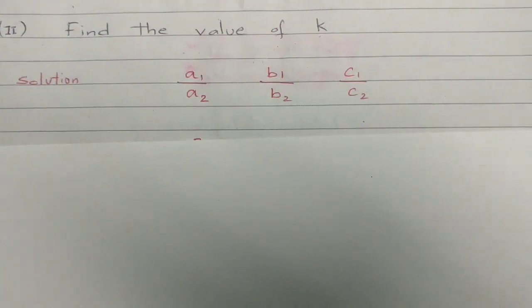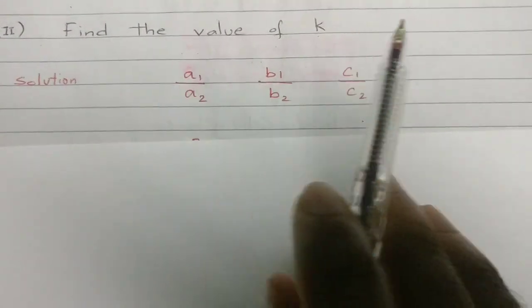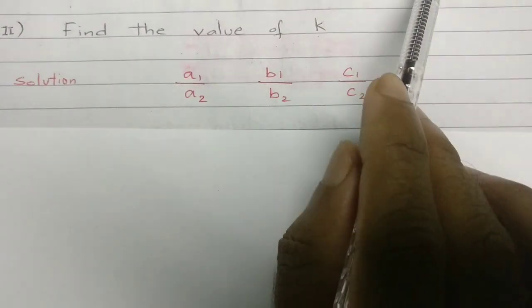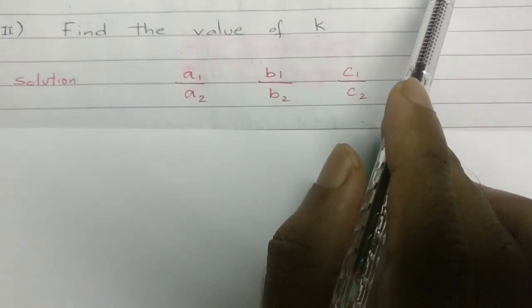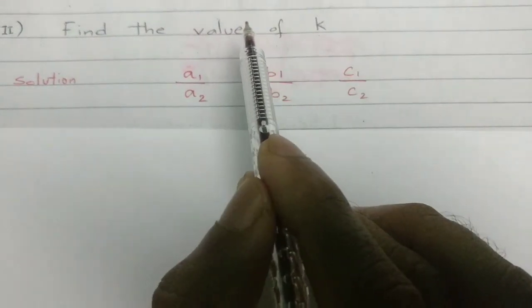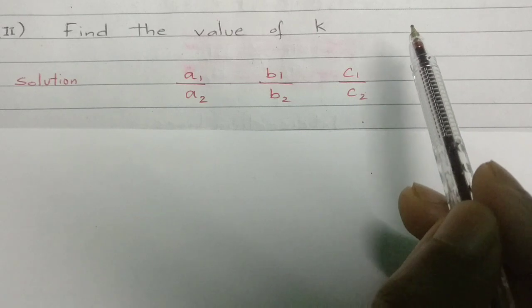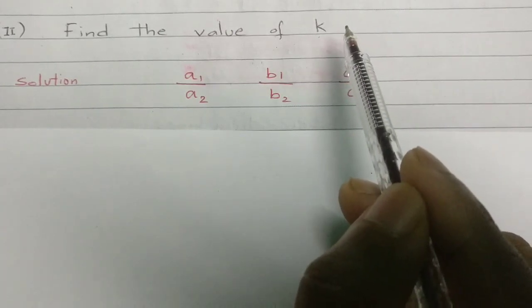Okay. So whenever you're writing the answer for this question, first of all, you need to write down the condition. So infinitely many solutions. If you think back, infinitely many solutions means the lines are exactly on top of each other, which means the first point is exactly equal to the second point.